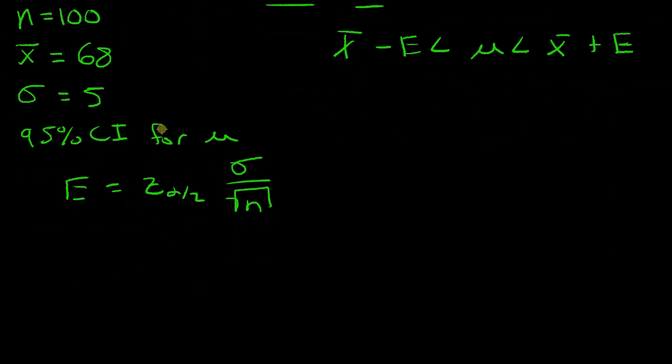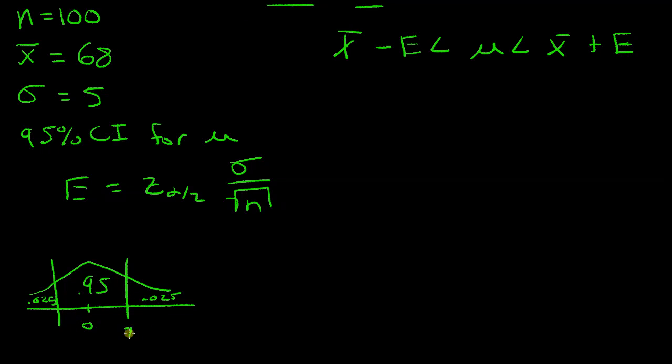This is a 95% confidence interval. So 95% is in the center, which means 0.025 is in each tail. The entire area under the curve must equal 1, so half of 5% is in each tail. Here's Z alpha divided by 2, the critical value. The area behind that critical value is 0.95 plus 0.025, which is 0.975.